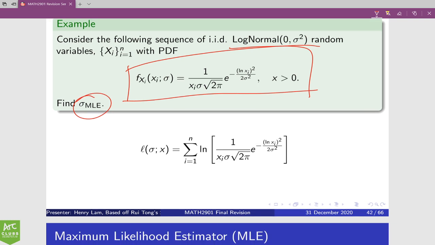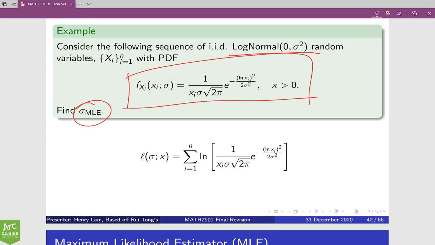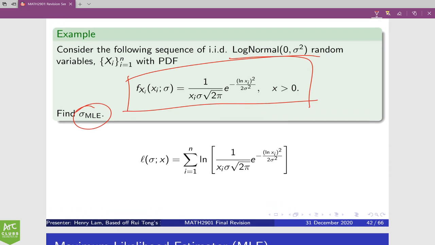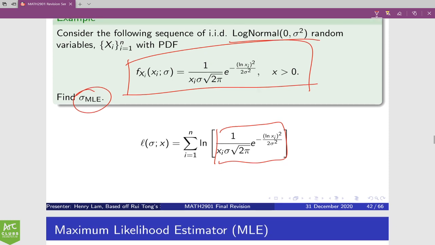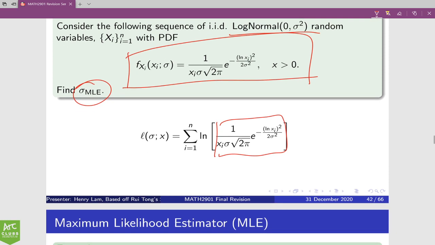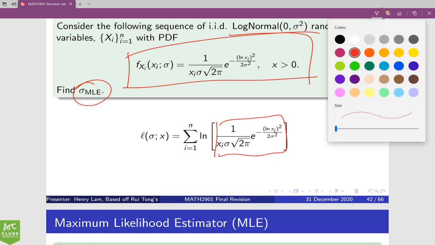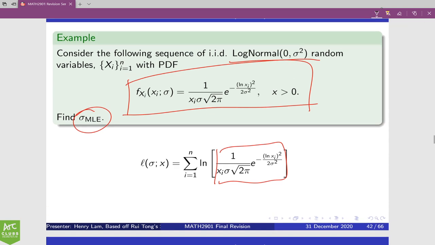So what you do is you find the log likelihood, as you can see here. The log likelihood is just the summation of the logs of the individual PDFs. Notice that this thing is just the above squared red term. Now, this is basically a function in terms of sigma, g(sigma).